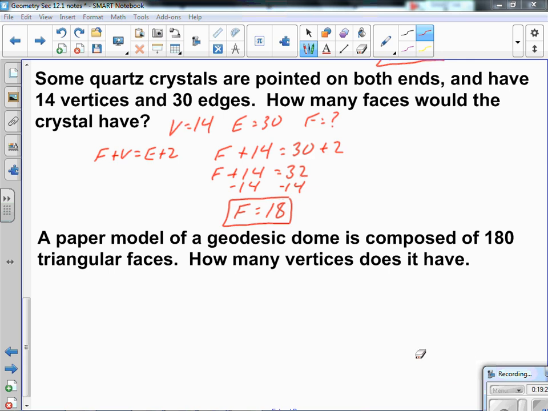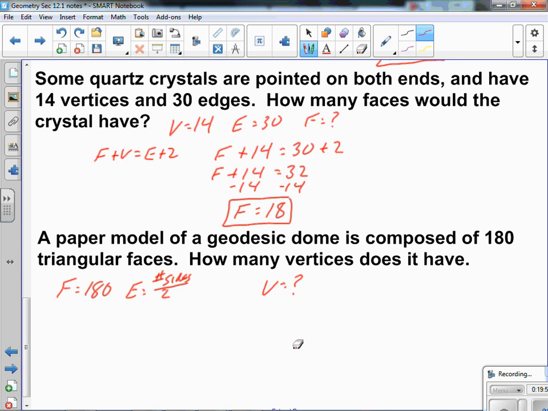All right, so a paper model of a geodesic dome is composed of 180 triangular faces. How many vertices does it have? So we know the faces, F, is 180. We're trying to find vertices. And so that means we should be able to come up with the edges, right? Which is the number of sides divided by 2.